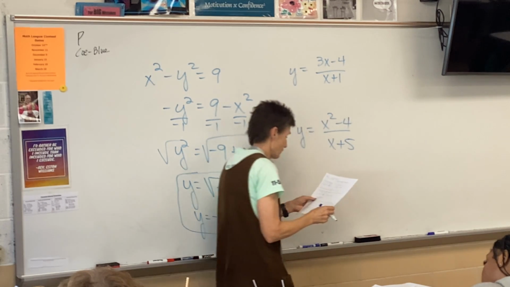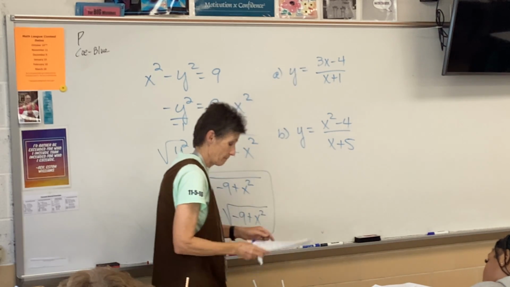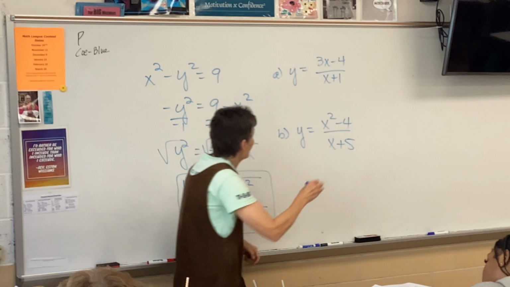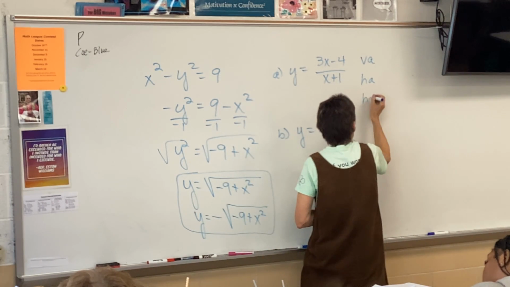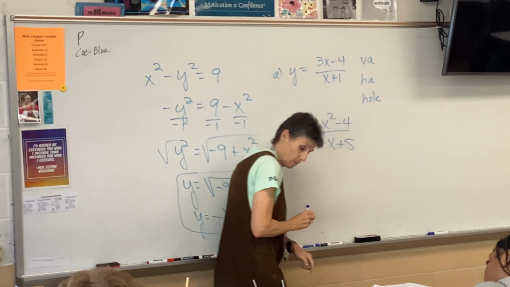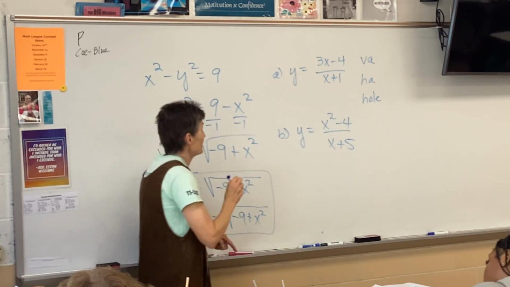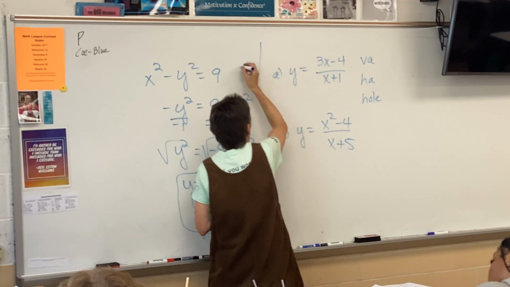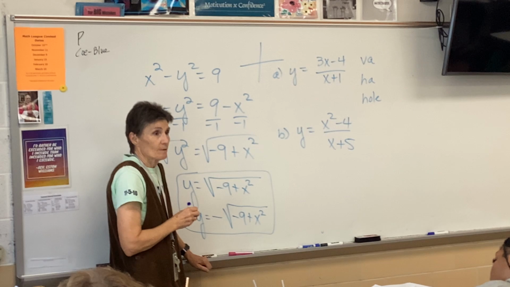We'll do those two first, that's A and B. Alright, so vertical, horizontal, and holes. Now, I'm not gonna have you graph them on the test, but if it helps you, you can always, on your own test paper, do a sketch.